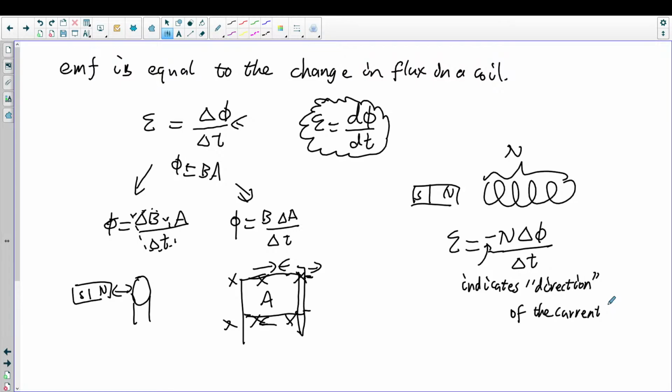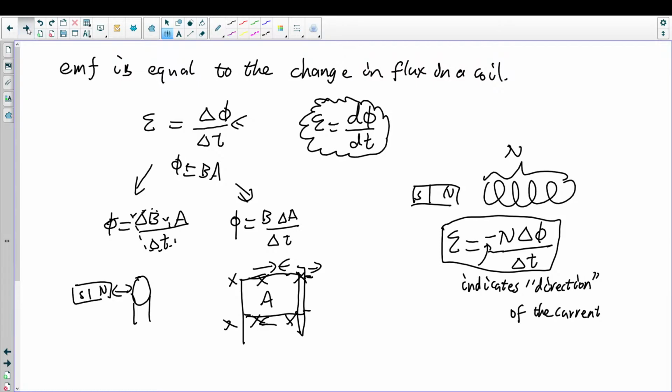If it's north going in, then you would get current one way, south going in, you'll get a different direction, right? Because how the field changes direction, because north is away, south is towards. So the direction actually matters. That's all it means for now. So that is the formula for Faraday's law.